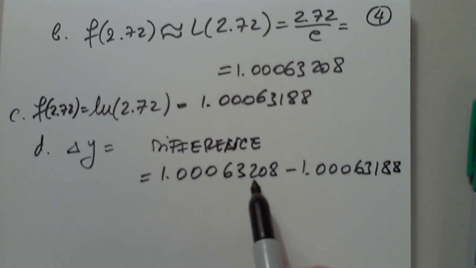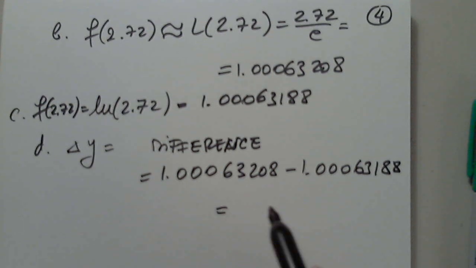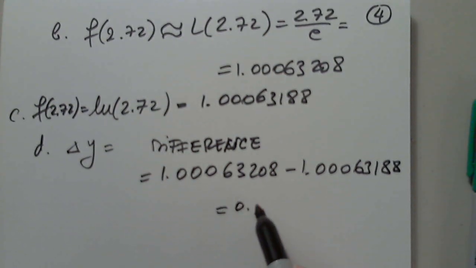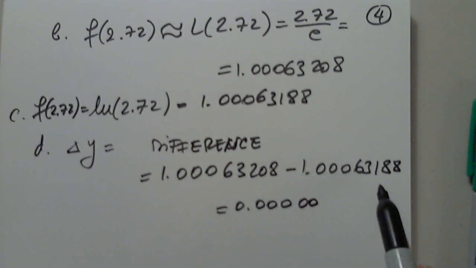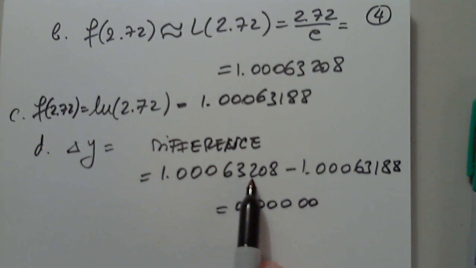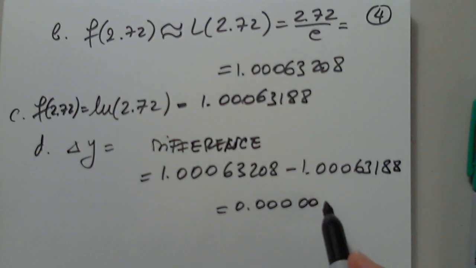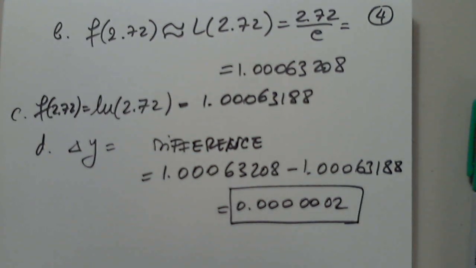That is the difference. So it's 208 minus 188. So 20 minus 18. So basically, I have 0.0000002, 63, 3 zeros, 2 zeros, and 20 minus 18 is still 0.2. This is the difference. Very, very minor.